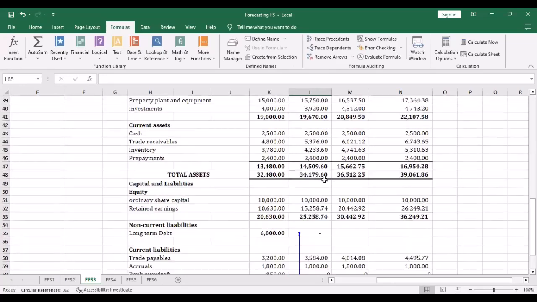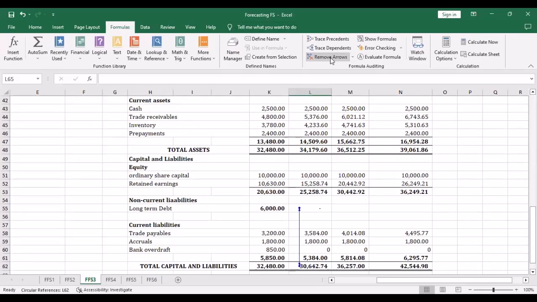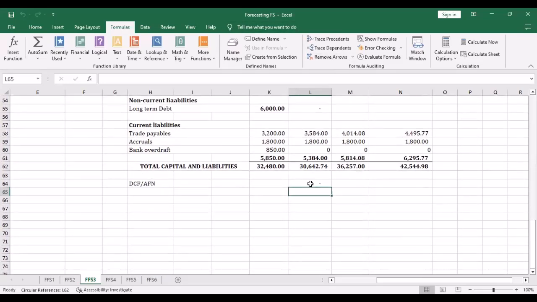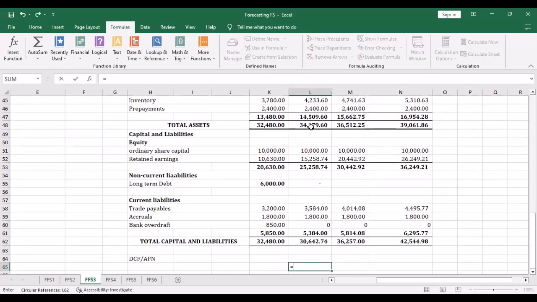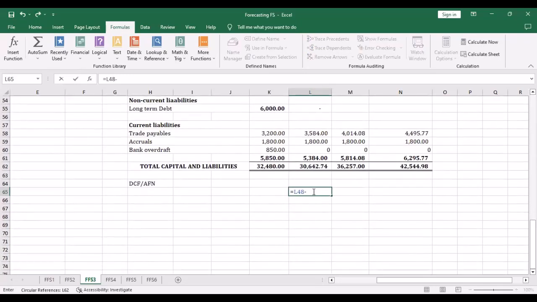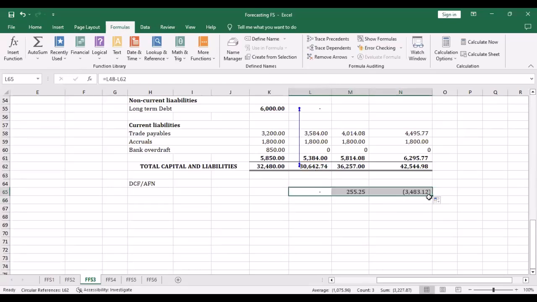So it's giving me all. Let me remove the arrows. This one minus this one here. So actually it doesn't want to take the part, isn't it? I don't know why.